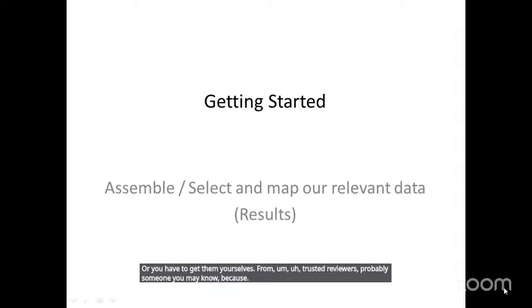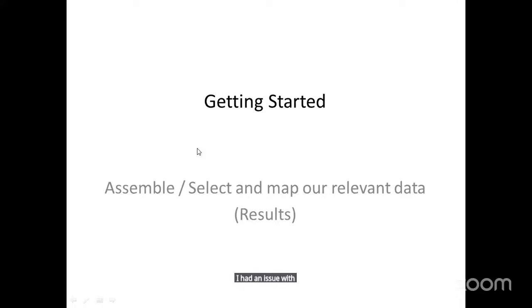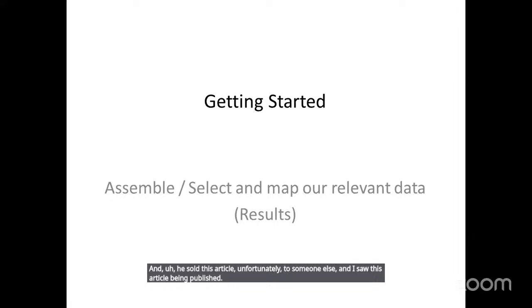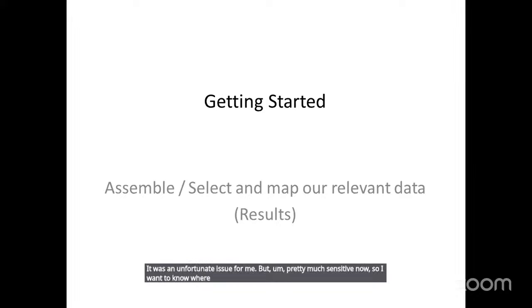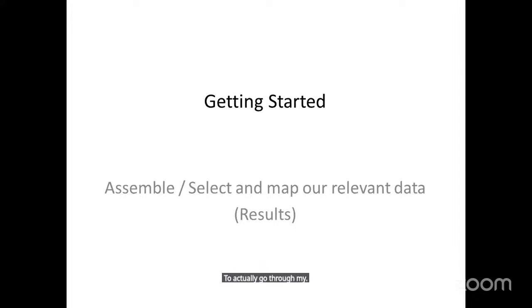Because I had an issue with one of my articles that I sent to one professor who claimed to be a reviewer, and he sold this article, unfortunately, to someone else. And I saw this article being published. It was an unfortunate issue for me, but I'm pretty much sensitive now. So I want to know where to get these accredited reviewers to actually go through my paper before submitting, or is it the journal that gives you the reviewers to read your article to let it pass through?